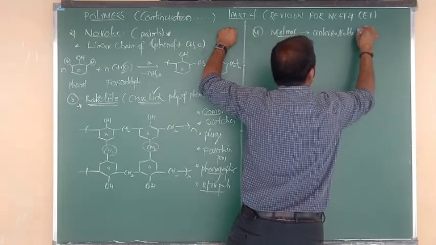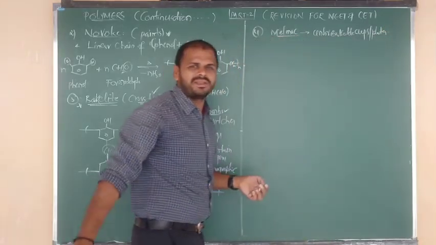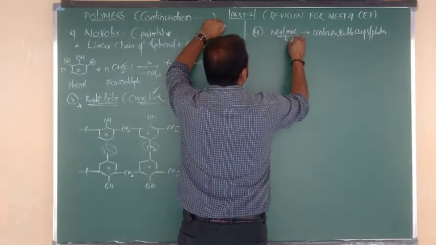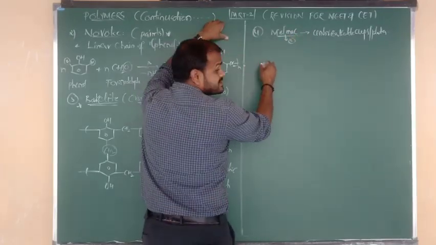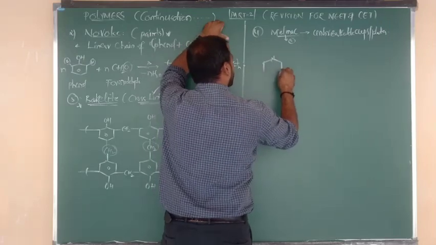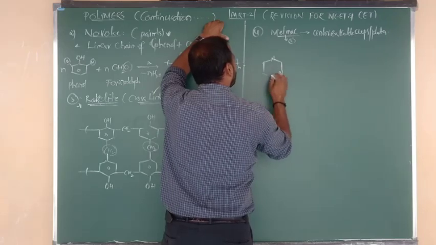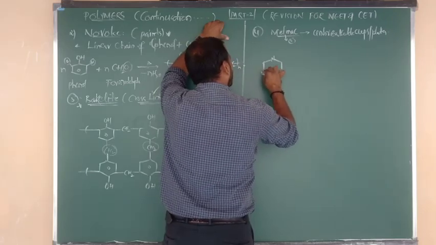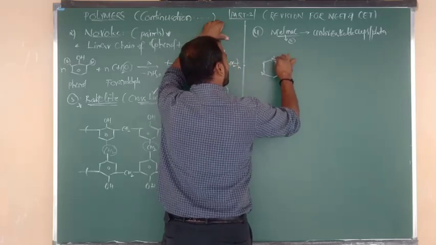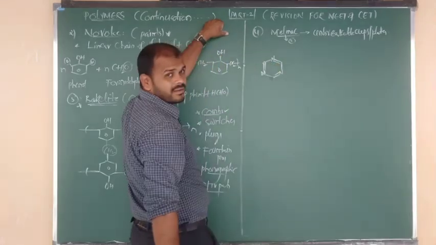Melmac is a highly branched cross-linking polymer, and we have to say that it is used in making unbreakable cups and plates. Nothing but crockery materials. All of them are made with what, beta? Melmac. So it contains how many monomers? Two monomers. Number one is melamine. The structure is, yes.